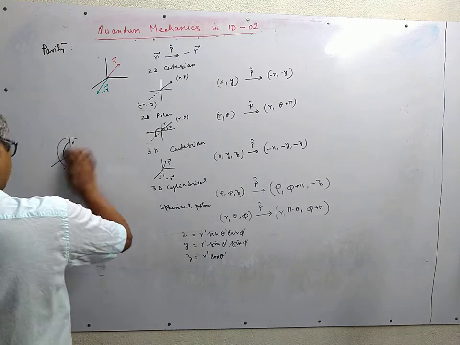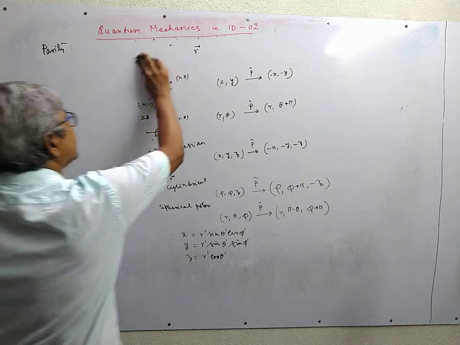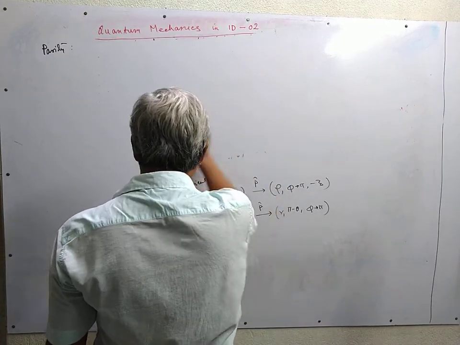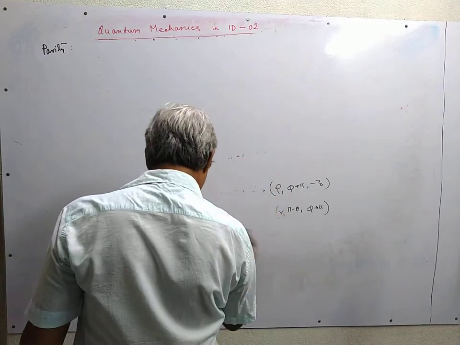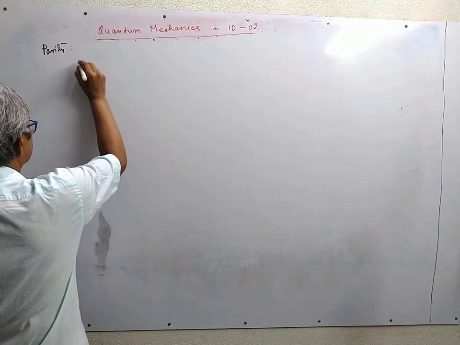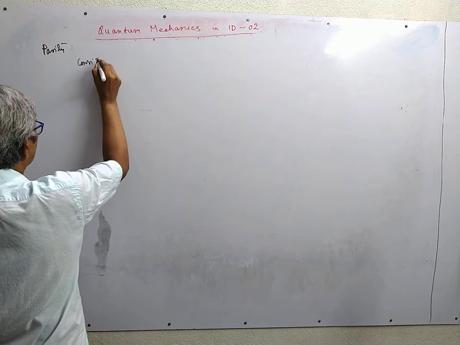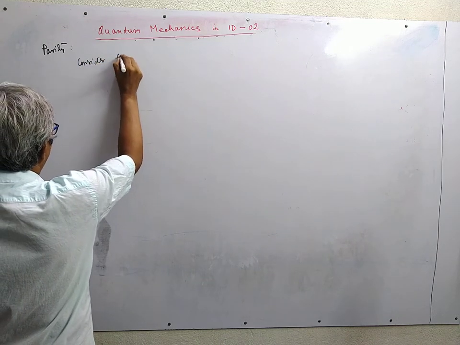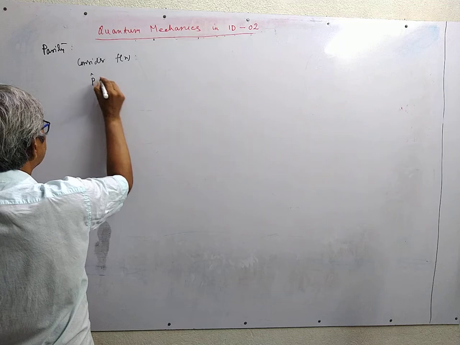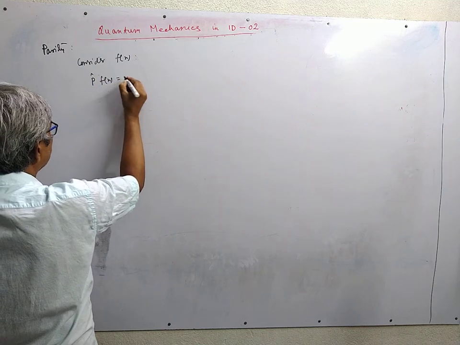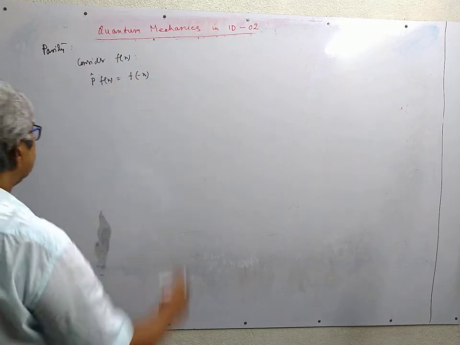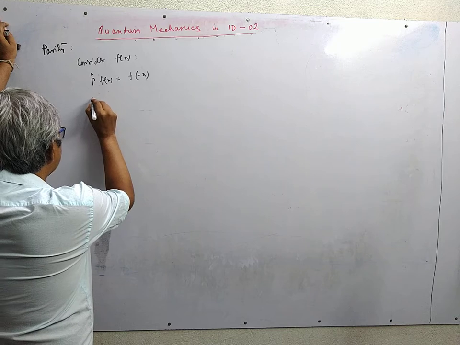Now we shall consider a one-dimensional case, a function f of x which is being operated on by the parity operator. If we operate parity on f of x, we will get f of minus x, because parity operation changes the coordinates.